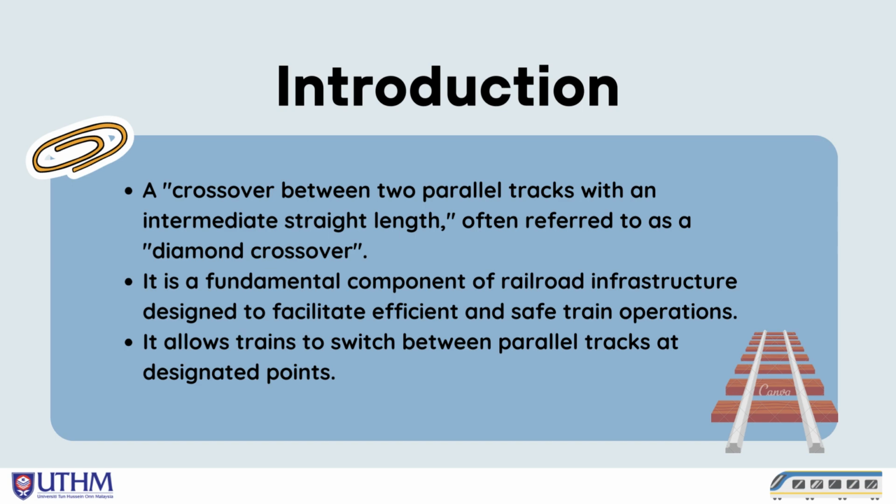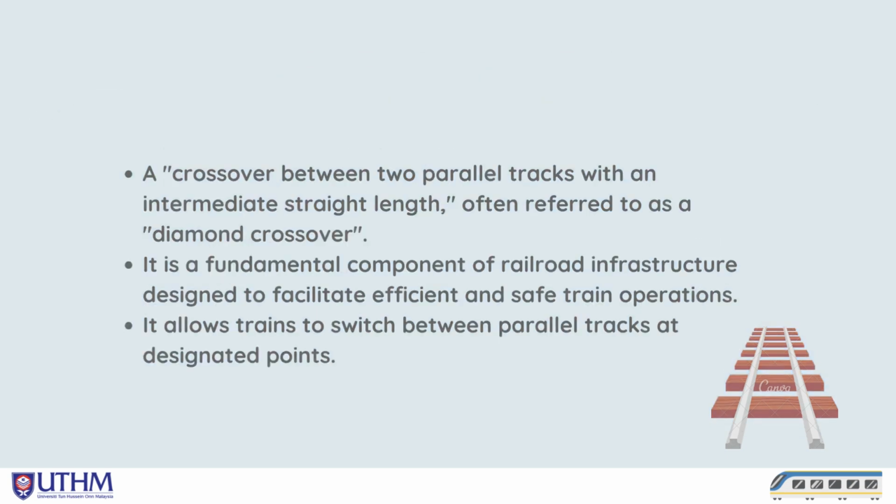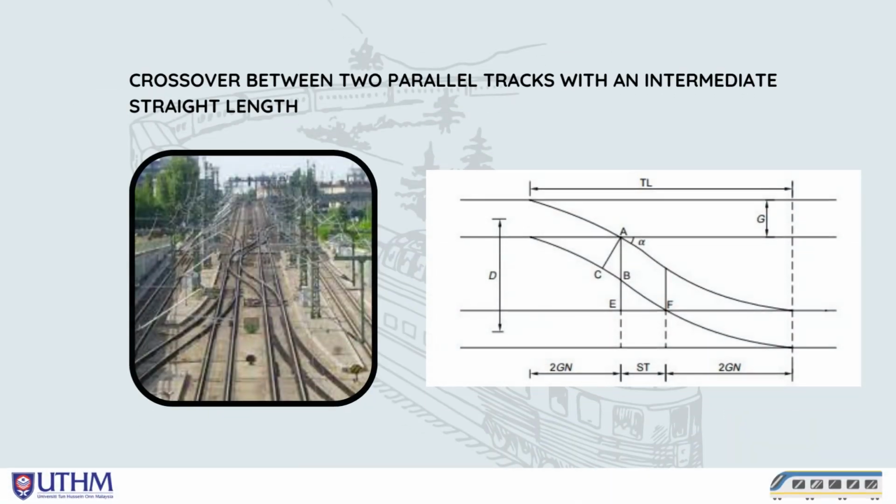Lastly, it also allows trains to switch between parallel tracks at designated points. So these are the examples of crossover between two parallel tracks with an intermediate straight length. On the right side is the schematic diagram.